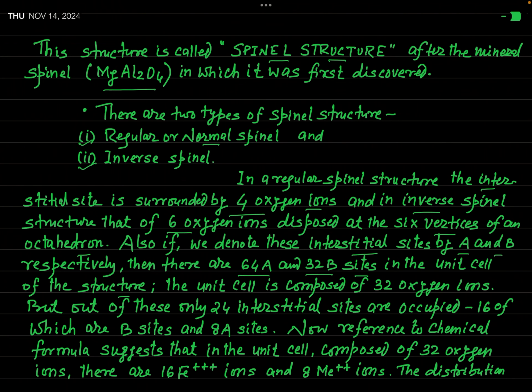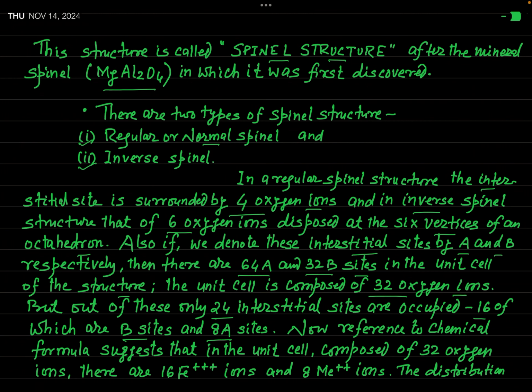The unit cell is composed of 32 oxygen ions, but only 24 interstitial sites are occupied. Among these 24 interstitial sites, 16 are B sites and 8 are A sites.